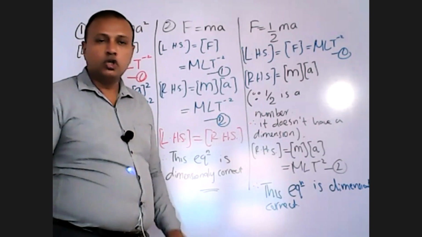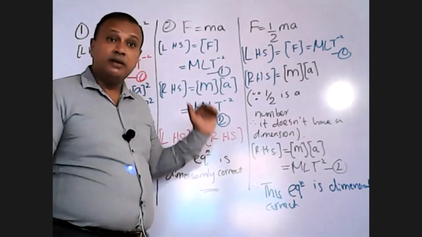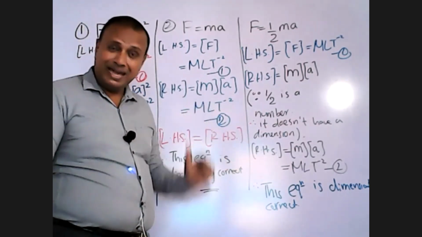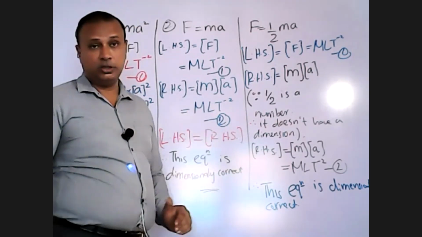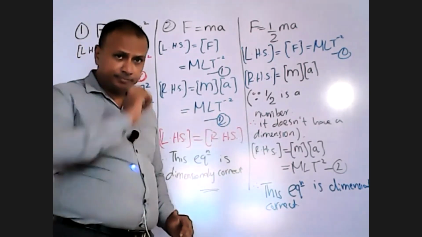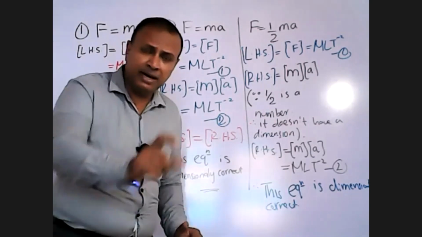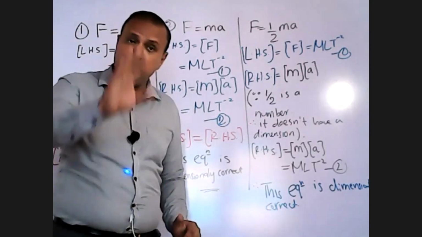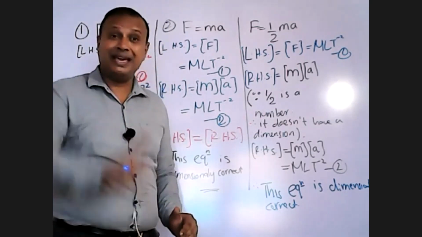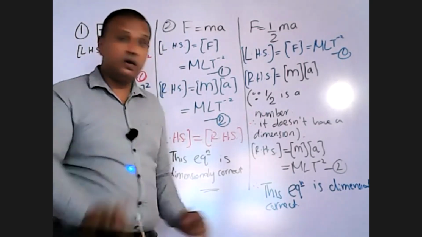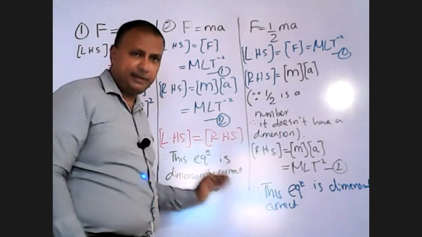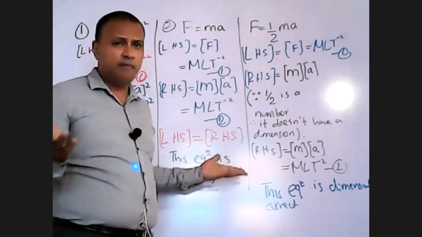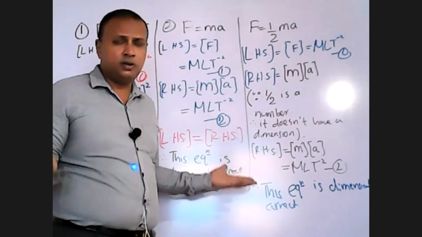So when we are doing calculation, and we find the dimension of LHS and dimension of RHS are equal, we cannot say this equation is correct. We can only say this equation is dimensionally correct, but I don't know whether it is correct or not.